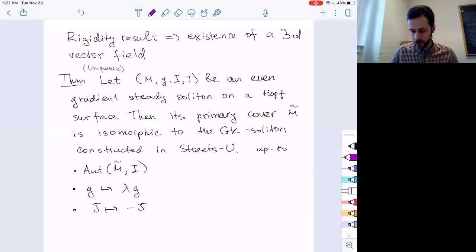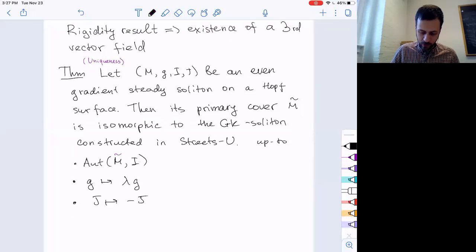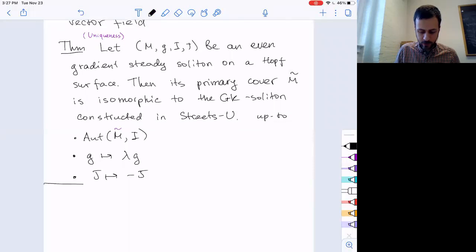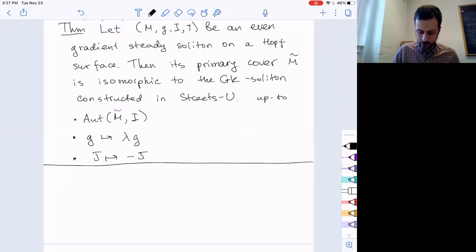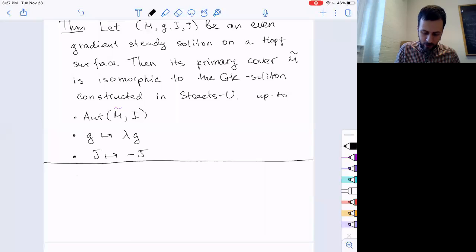Oh, right. Yeah, I didn't mention that. So what we proved is that if you consider, say, the diagonal Hopf surface, C2 minus the origin, modulo the contraction by alpha, 0, 0, beta.